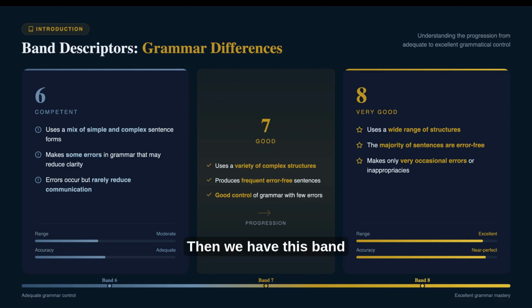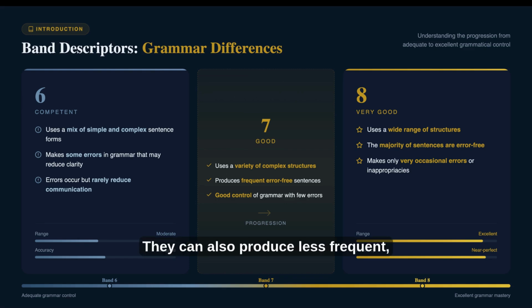Then we have this band 7, which is a good user of English. They are able to use a variety of complex structures, such as complex sentences, compound complex sentences, noun clauses, adjective clauses, relative clauses, and more.